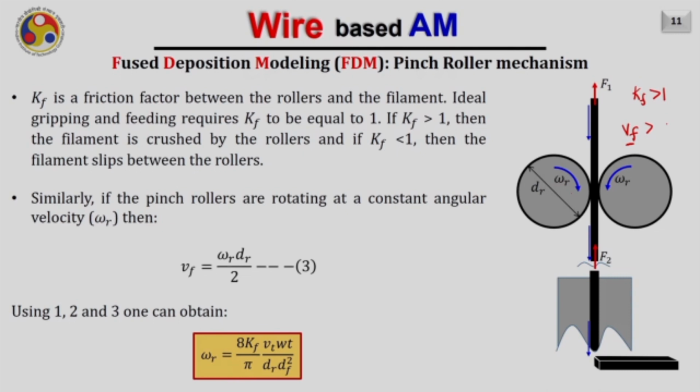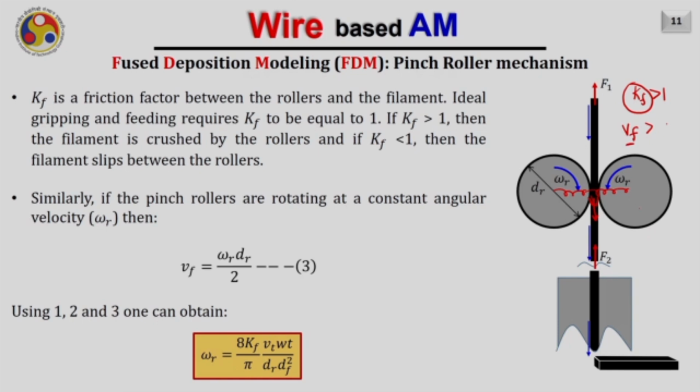This is because when the rollers are crushing the wire, meaning they are reducing its diameter also, they are not just applying sufficient pressure in the elastic range, they are plastically deforming or crushing it. In that case, the area of the wire will reduce. As a result, you will have higher velocity of the wire.